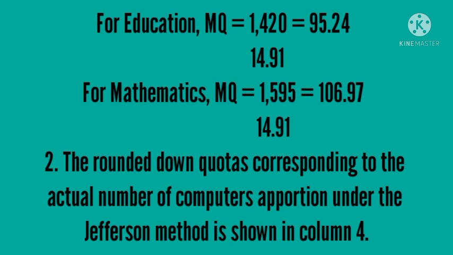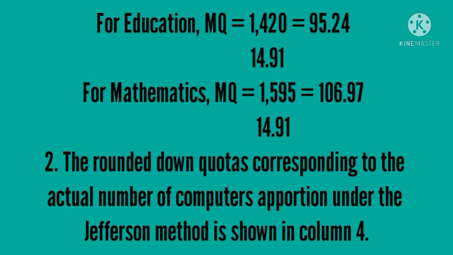For mathematics, modified quota equals 1,595 divided by 14.91, which equals 106.97. Diba 14.9 lang siya kanina, so lalagyan natin siya ng 1 kasi medyo mataas na yung fractional parts niya dito.